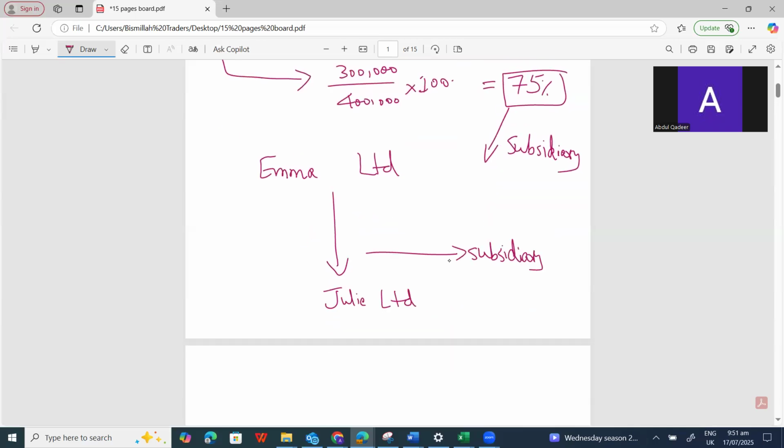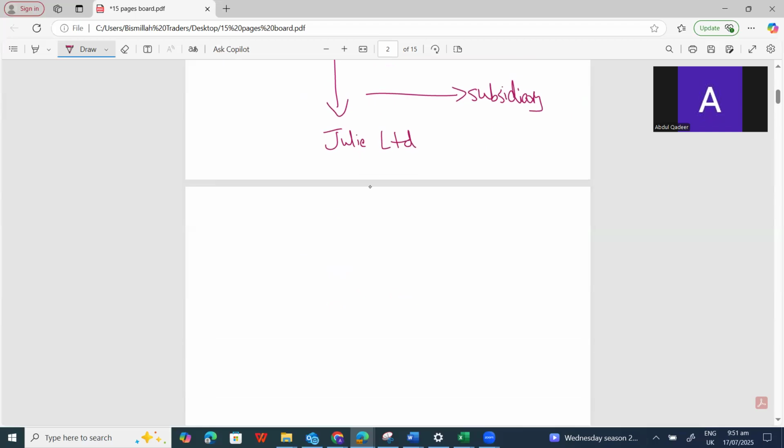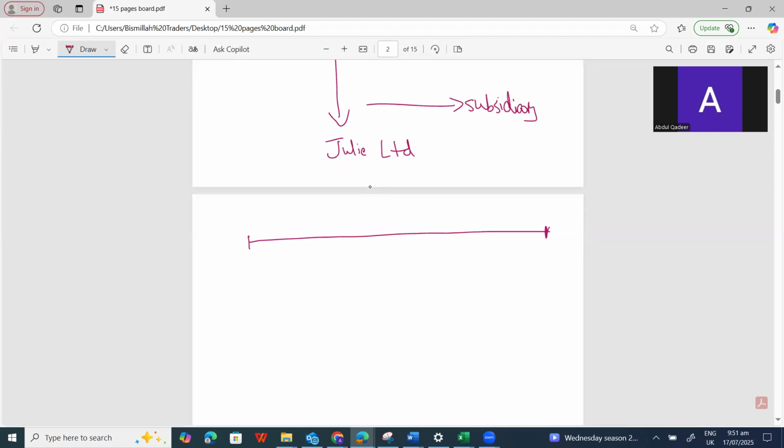Now we are moving towards the date. For what date are we making the consolidated statement of financial position? As we know, the start date is 1 May 2023 and the year end is 30 April 2024. And when did we purchase Julie Limited?